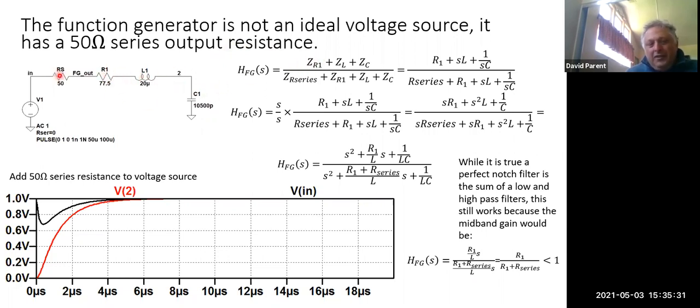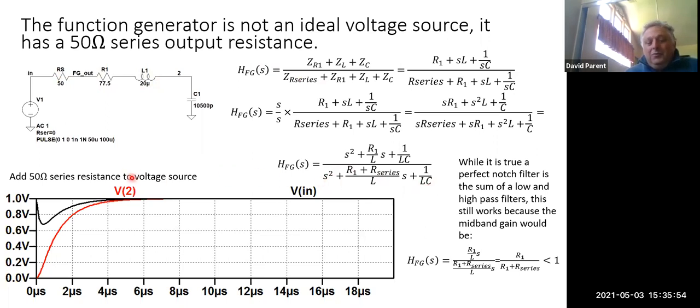So I have the series resistance, and I have these voltages divided from the whole. And when you work through, it is a kind of notch filter. It's not a perfect notch filter, but it certainly behaves like one.